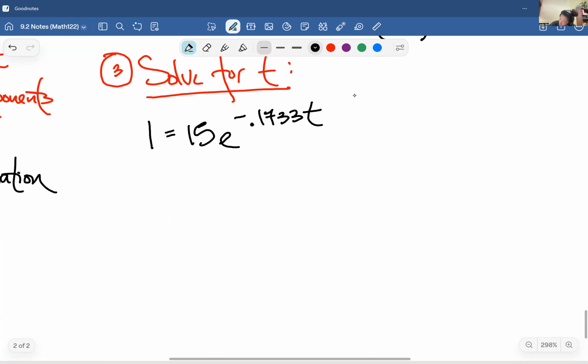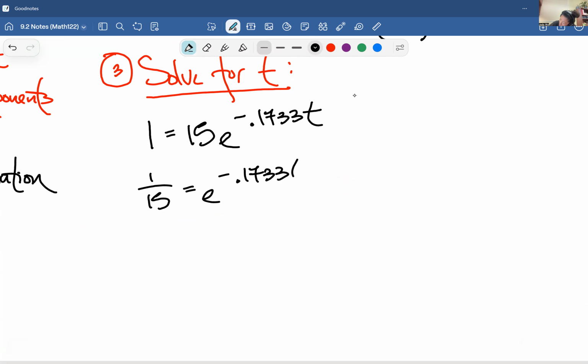So that's going to look like 1 over 15 equals e to the negative 0.1733t. Now I'm going to natural log both sides, so natural log of 1/15 equals negative 0.1733t.